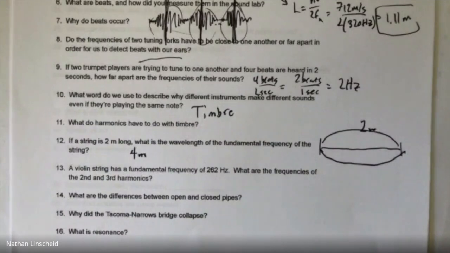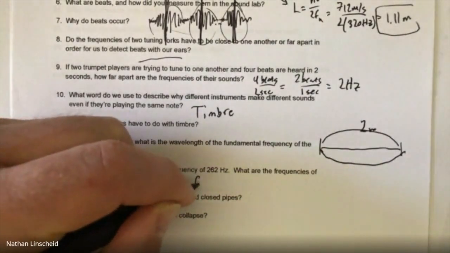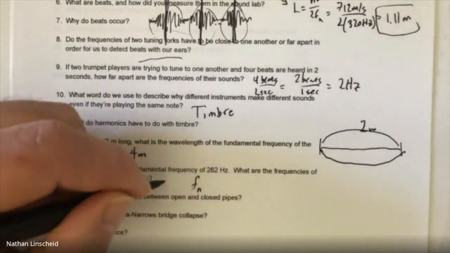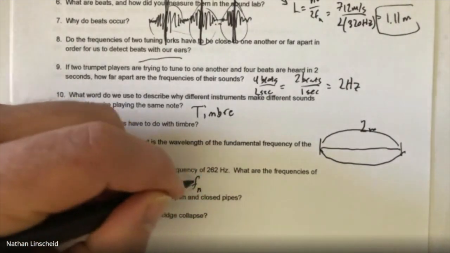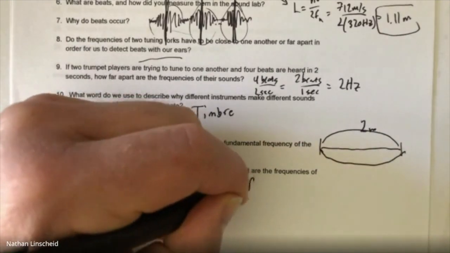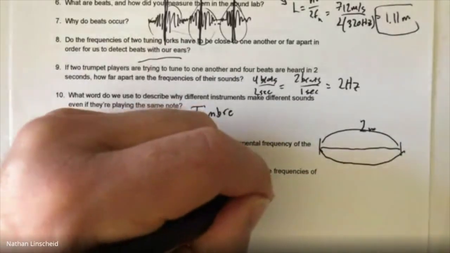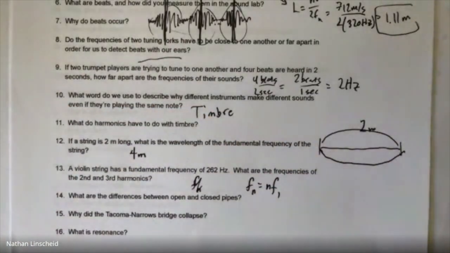All right, number 13, a violin string has a fundamental frequency of 262 hertz. What are the frequencies of the second and third harmonics? For any given harmonic, it's just the number of the harmonic you want times the fundamental.